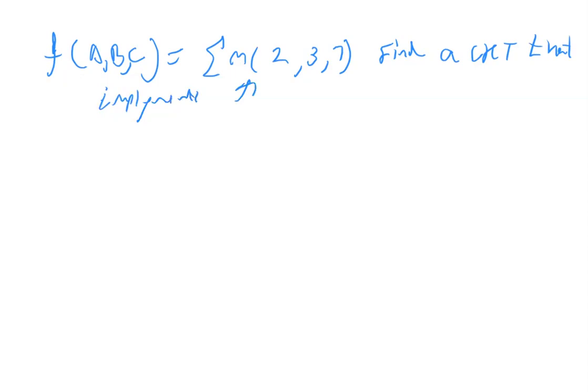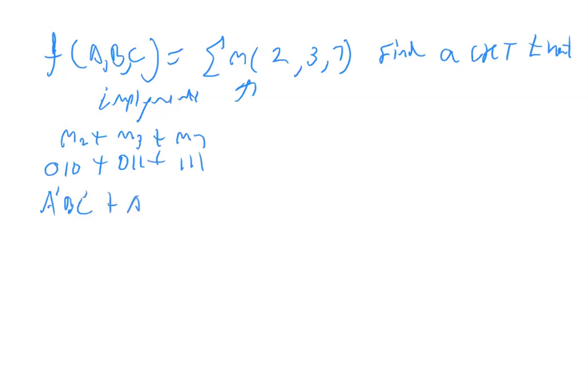So first thing you might like to do is say, well, it's M2 plus M3 plus M7 that corresponds to 010, 011, 111, which corresponds to A'BC', or A'BC, or ABC.